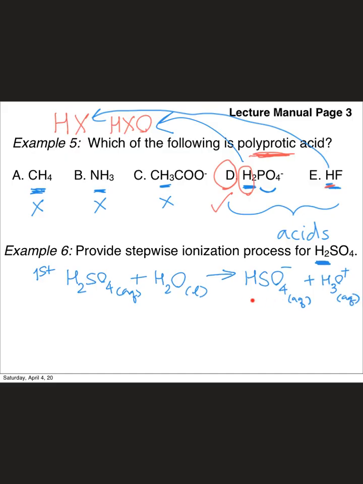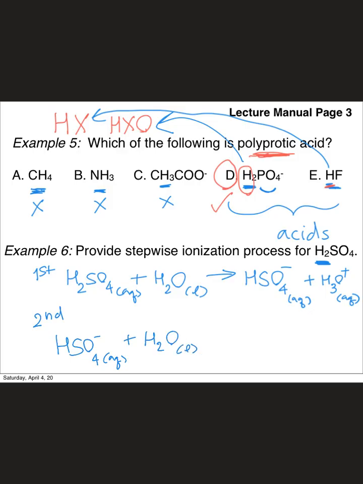The hydrogen sulfate will then undergo second ionization, and you can write the second ionization process as hydrogen sulfate ion reacting with water.